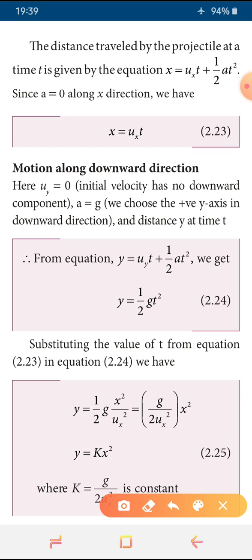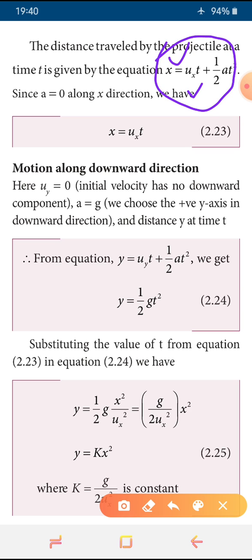So what we discussed earlier: s is equal to ut plus half at square. Here, instead of s, since it is along the horizontal, we take x, the initial velocity is taken as ux, acceleration is a, and time taken is t. Then we substitute all the known terms. s is equal to ut plus half at square, so x is equal to uxt plus half at square.